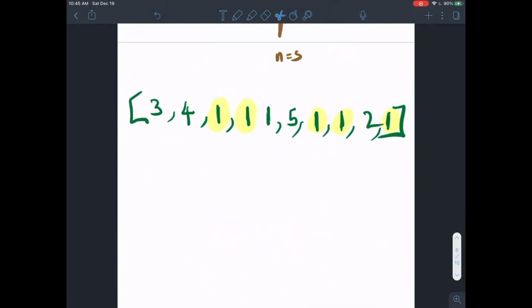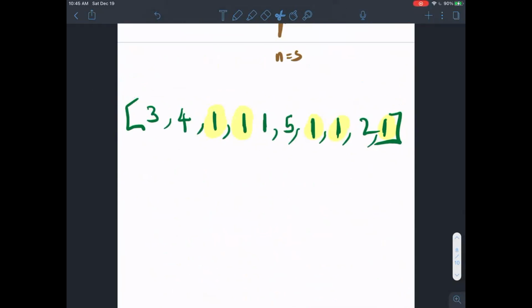So another example: when you've cleaned up your array, you look through it. When you get 3, you change the element at position 3. You use this to indicate your positions. So the element at position 3, you change it to be negative, if it's not already negative.